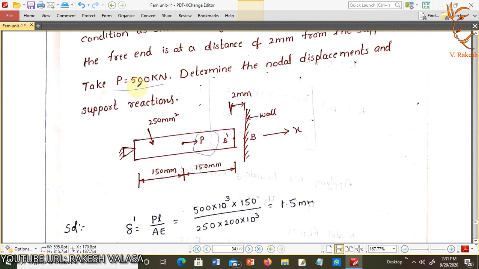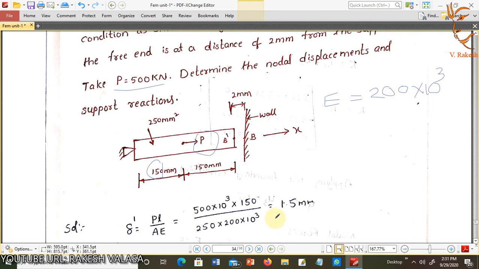P means load, that is 500 kilonewtons, 500 into 10 power 3, length is 150 mm, area is 250 mm square. Young's modulus is not given, so assume Young's modulus equal to 200 GPa, that means 200 into 10 power 3 Newton per mm square.